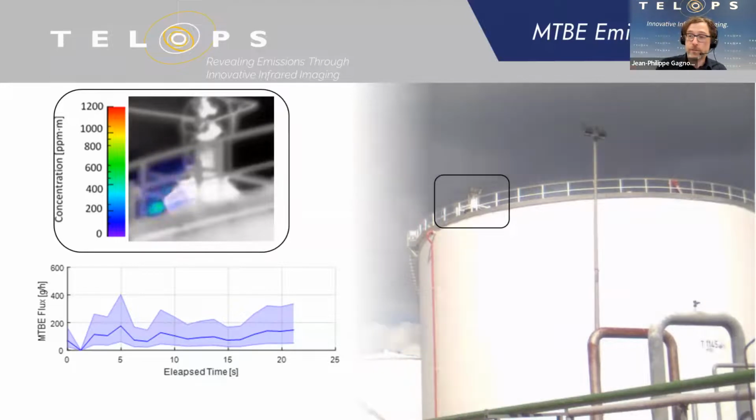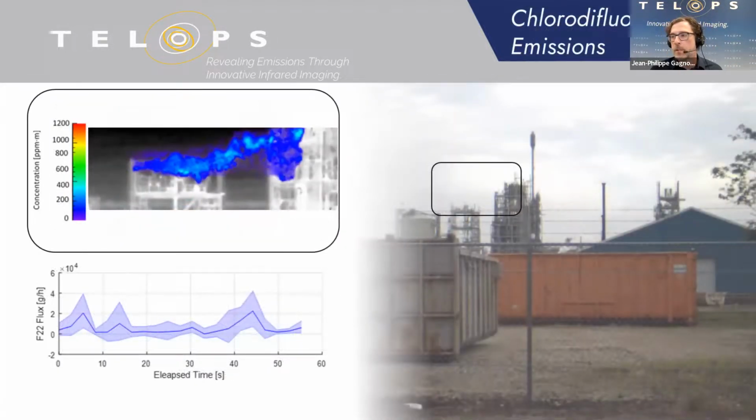And you can see here what we've measured agrees pretty much with that average emission rate from that tank. So although we didn't have in-situ measurements for this unknown leak, we're able to tie it back to what the company says the emissions from those tanks are. So, again, a good validation.